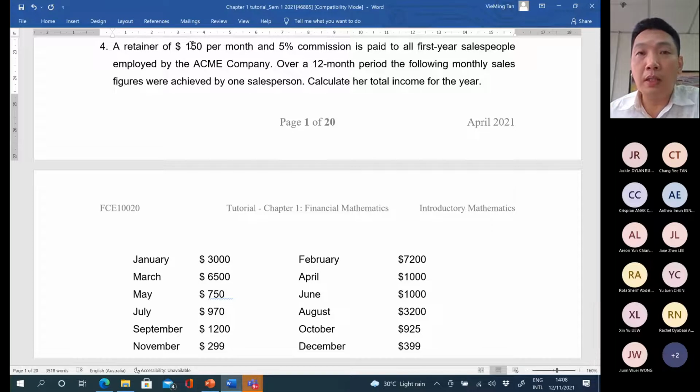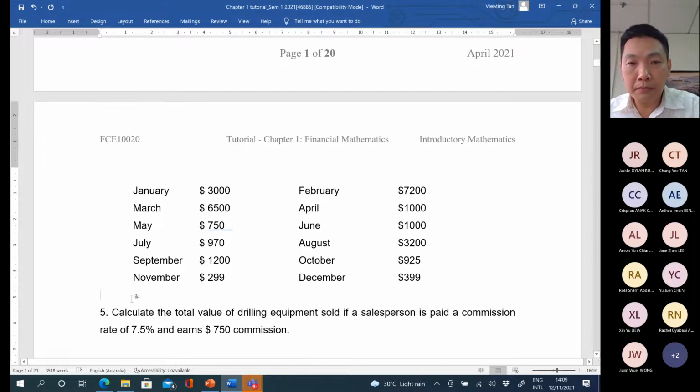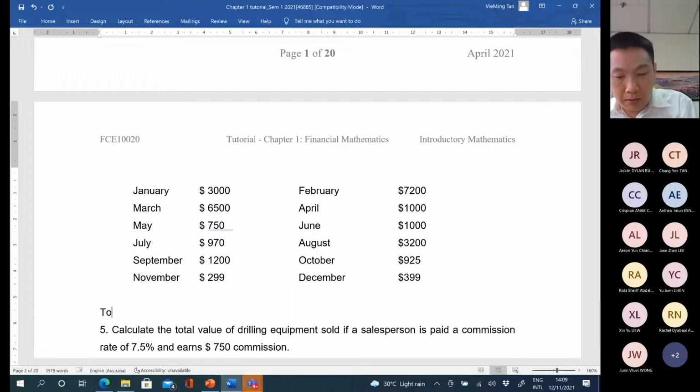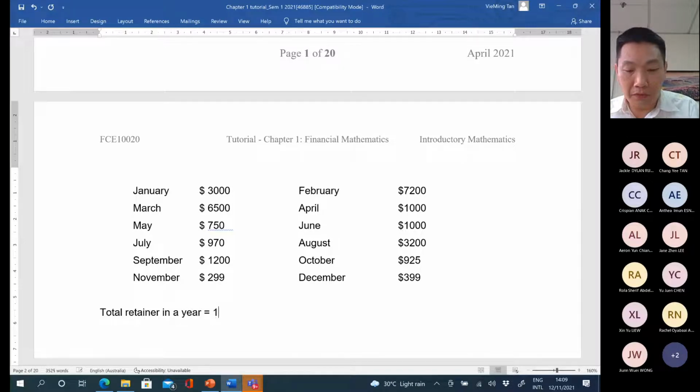So we try to get the retainer value first. I try to write down first the total retainer. Total retainer in a year equals 1 month is 150. 1 year has 12 months, so we multiply by 12.